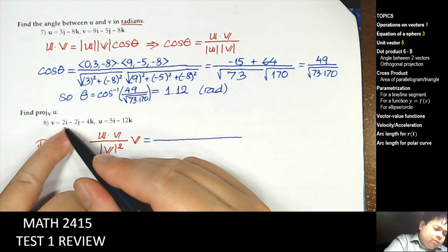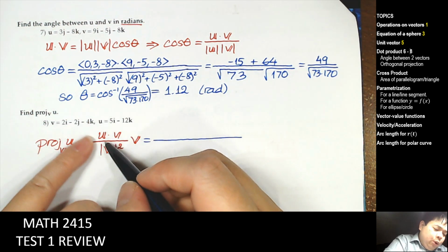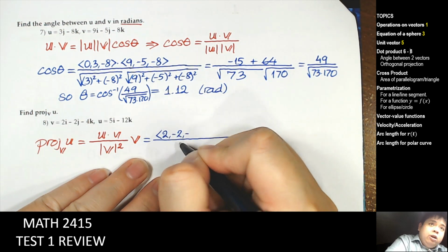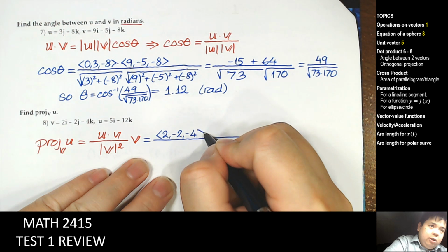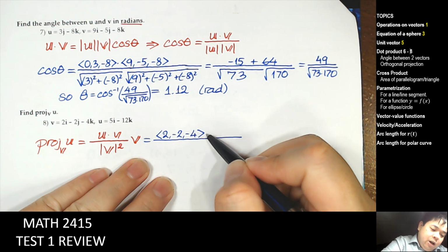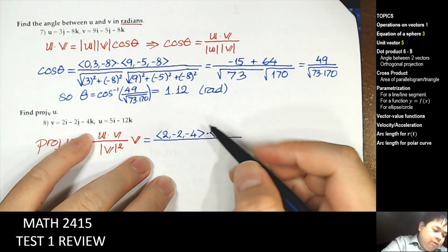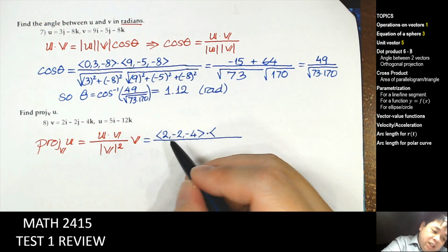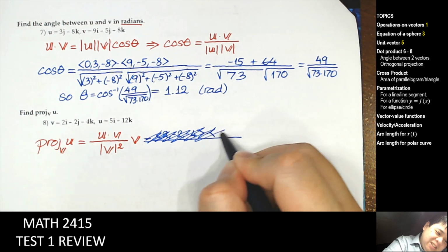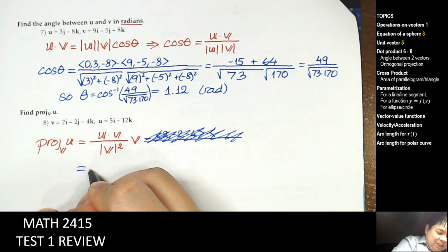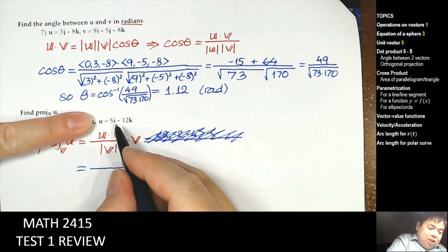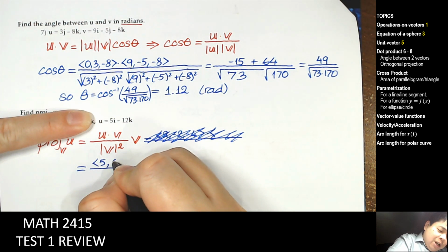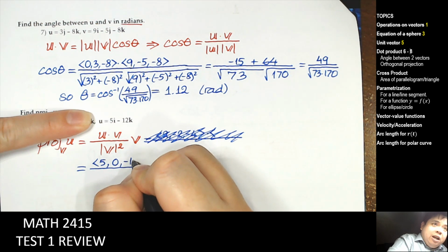So we have u dot v. U is 2, -2, -4 dot v. So this is u. 5, there's no j, and there's k.